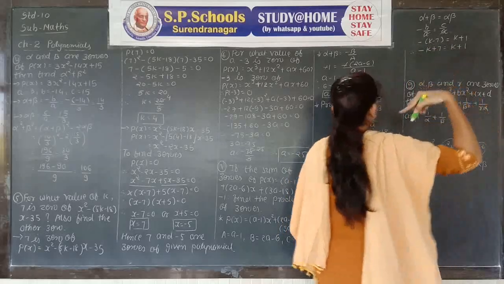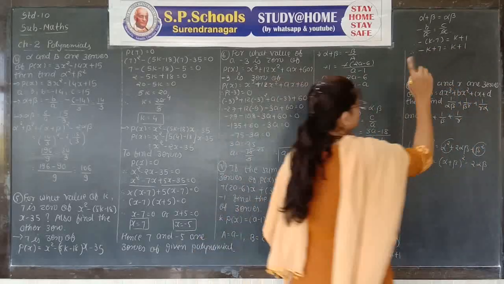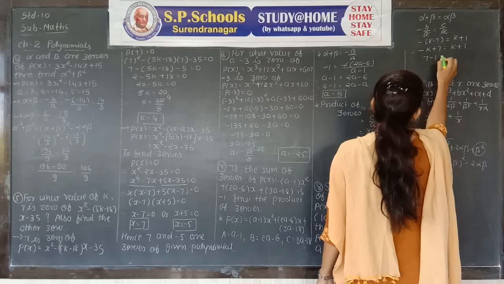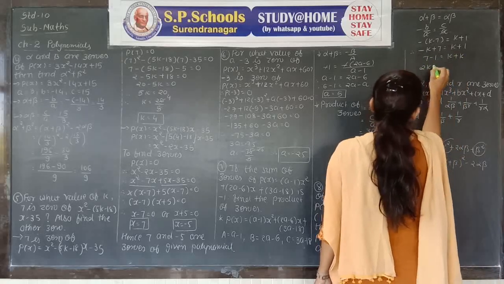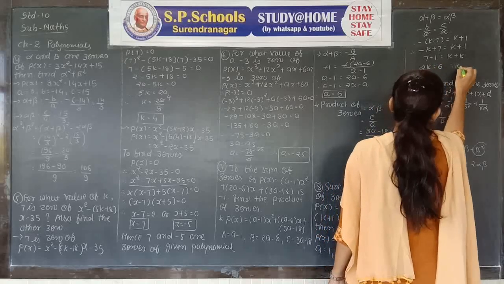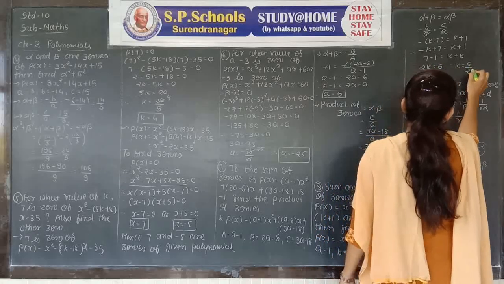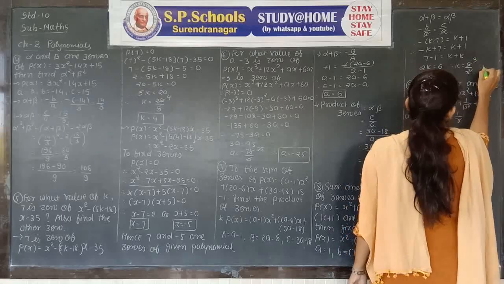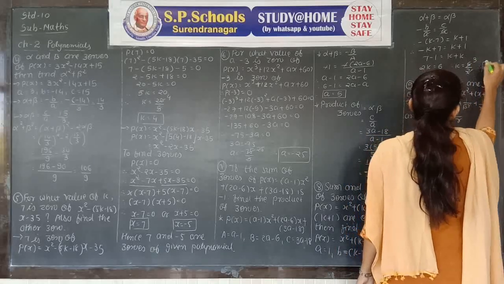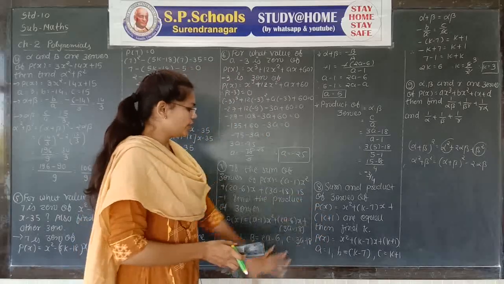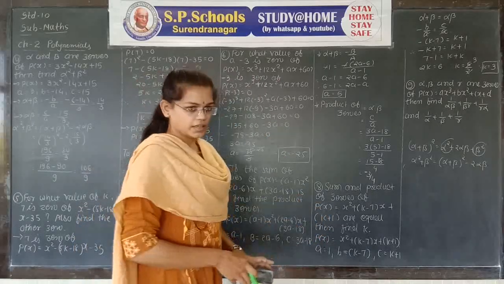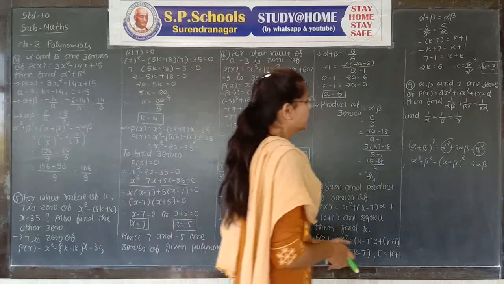Now minus k goes from left to right and 1 from right to left. 7 minus 1 is equal to k plus k. K plus k, which is 2k, equals 6. Therefore k is 6 upon 2. 2 threes are 6, so the value of k is 3 whenever the sum and the product of zeros of the given polynomial are equal.